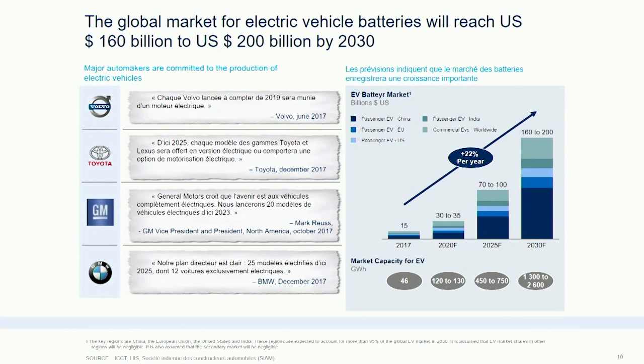And this explains the market: all the automotive companies like Volvo, Toyota, Mercedes-Benz, GM, BMW, and others, by 2025, want 25% of their cars to be electric, and they want to introduce a minimum of 25 models. And this is showing that the market is between 160 to 200 billion. This is only batteries.